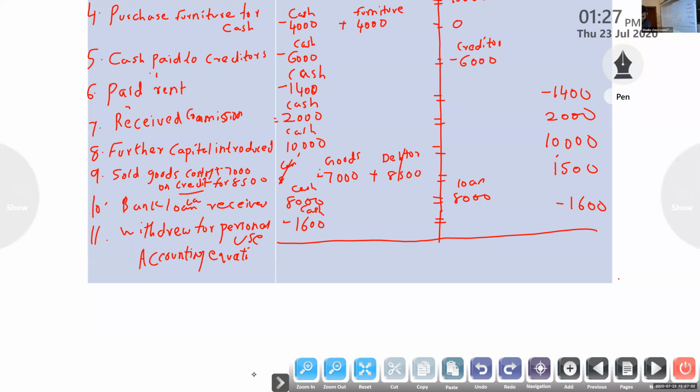Minus items 1,400, 1,600, so 3,000, and 6,000. Anyone got answer?